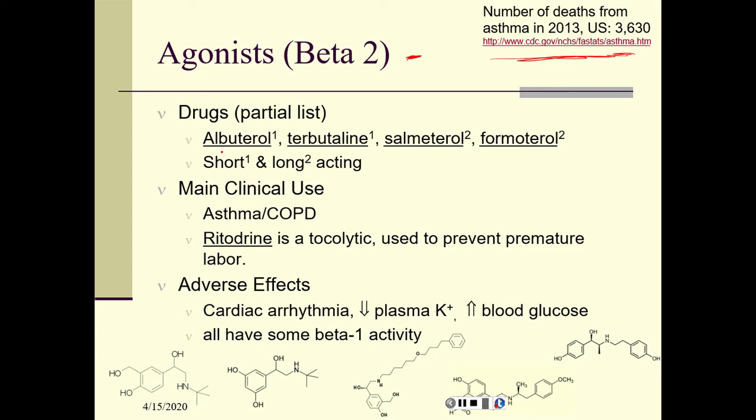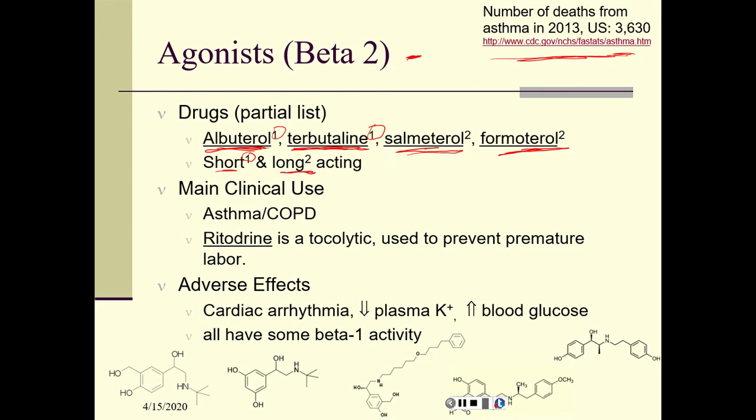And the drugs are albuterol, right? So if you see albuterol, you should know that's a beta 2 agonist. Terbutaline is a beta 2 agonist. Salmeterol and formoterol, right? And I superscripted the albuterol and the terbutaline with a 1 to indicate that those are short-acting drugs, and salmeterol and formoterol are long-acting drugs.